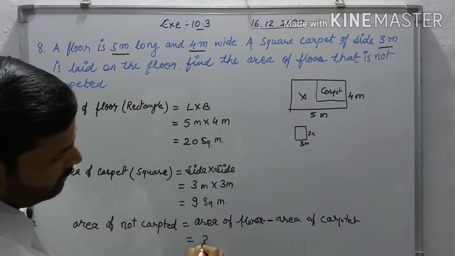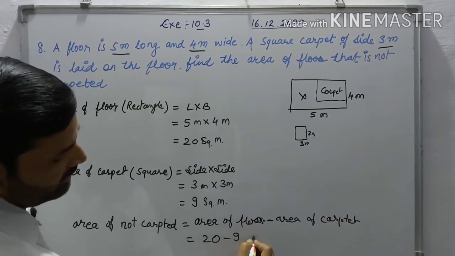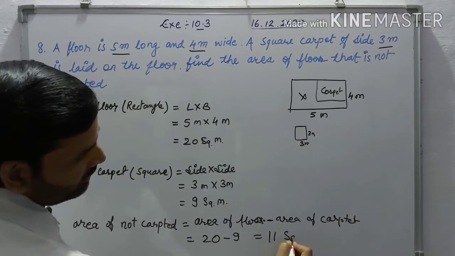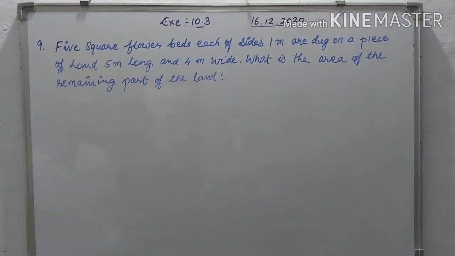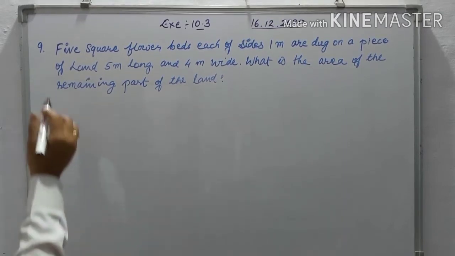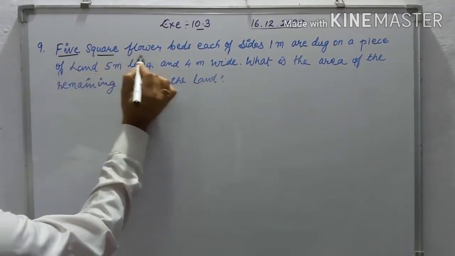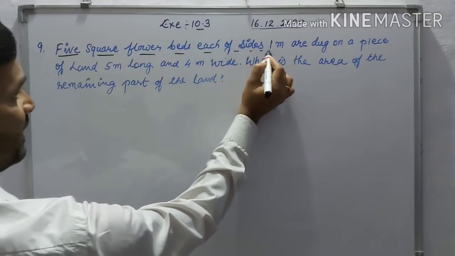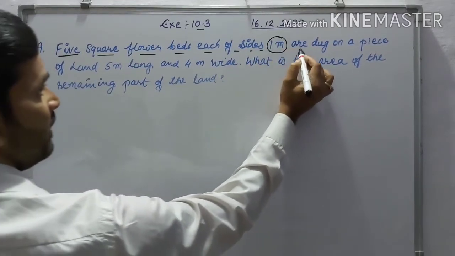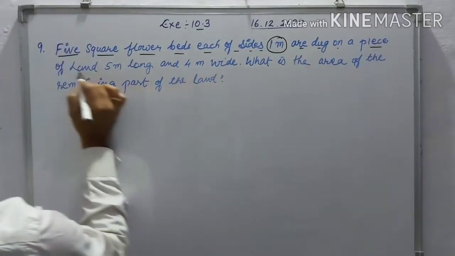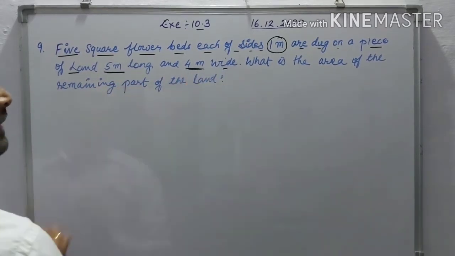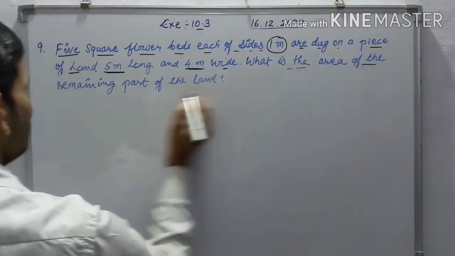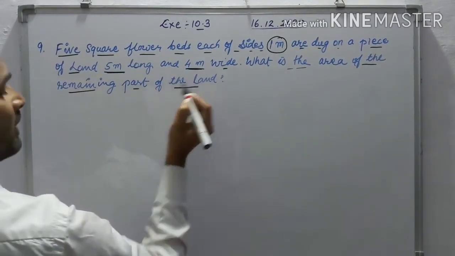Okay, so 20 minus 9 is equal to 11 square meter. Question number 9 asks: 5 square flower beds, each of side 1 meter, are dug on a piece of land 5 meter long and 4 meter breadth, and what is the area of the remaining plot of the land?